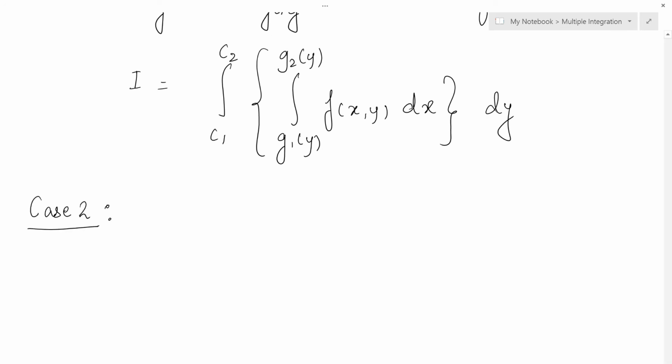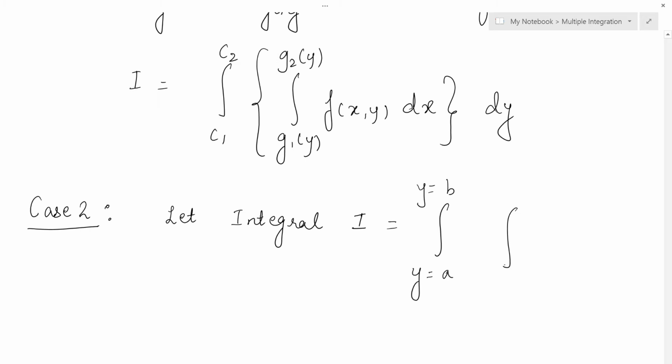Case 2 is where your integral will be given as an integration with constants a to b for the outer limits, and the inner limits are x equal to g1(y), for example, because now the inner limits given are x is equal to something.